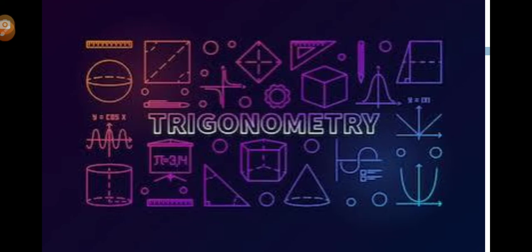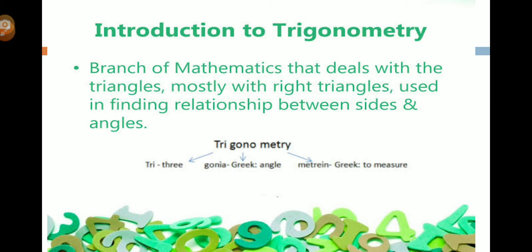Trigonometry is primarily a branch of mathematics that deals with triangles, mostly right angle triangles. In particular, it deals with the ratios and the relationship between the triangle sides and angles. It has two main uses, in geometry applications and in the analytical part.